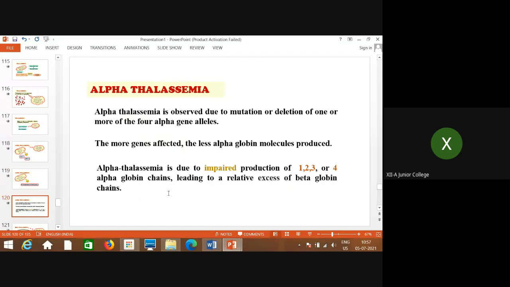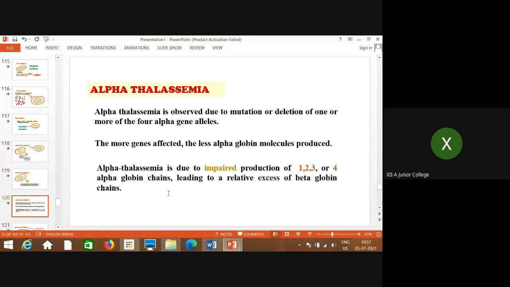Alpha thalassemia is observed due to mutation or deletion of one or more of the four alpha gene alleles. Out of four means two from each parent: two alpha chains of one parent, two alpha chains of the other.